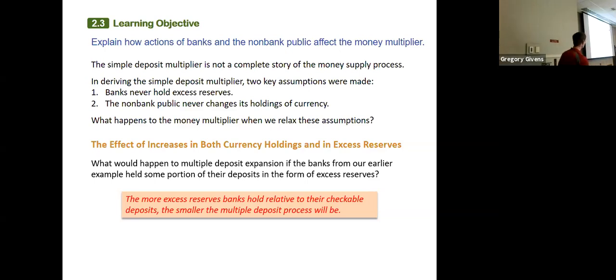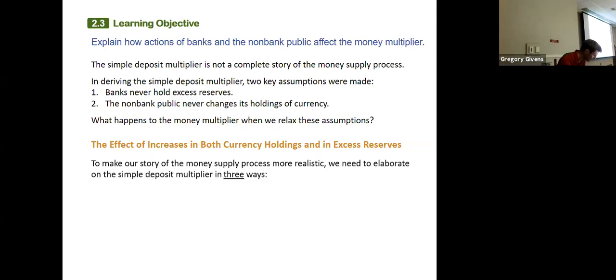Again, once we take into account that some banks are choosing to actually hold excess reserves, this money multiplier formula is going to be a lot smaller. It's going to predict smaller effects of changes in bank reserve on the total money supply.